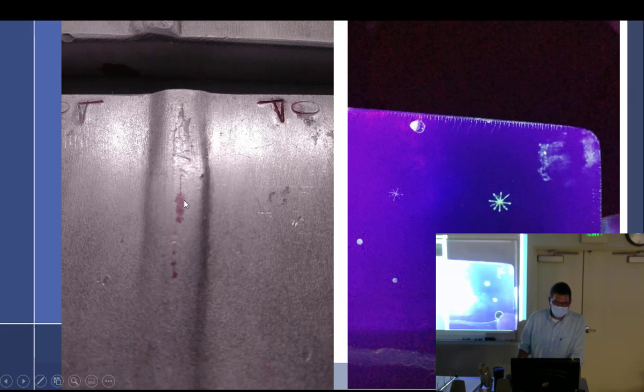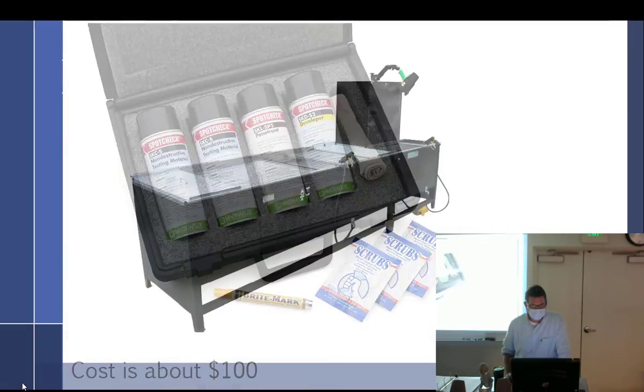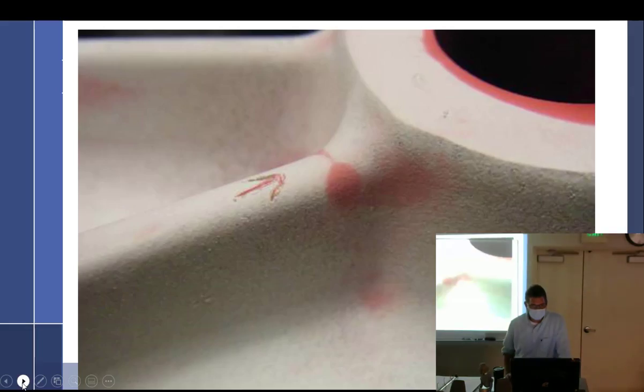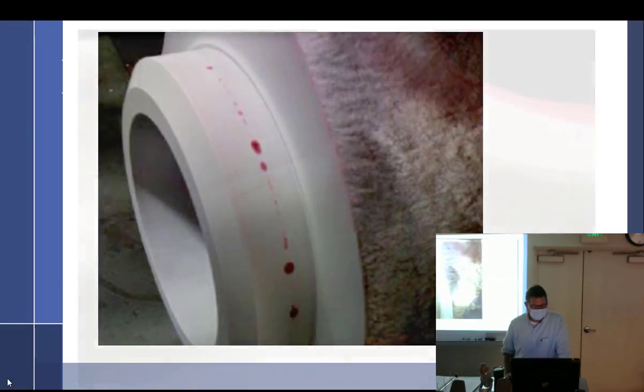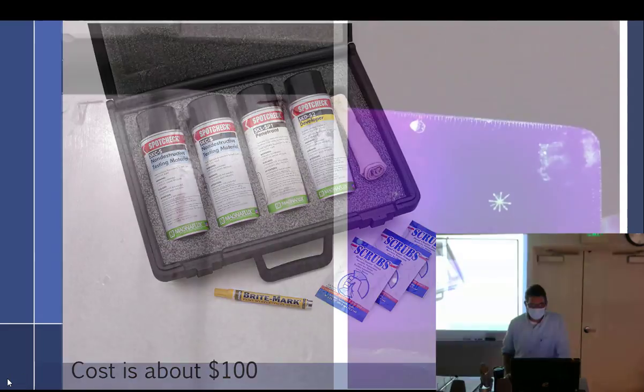This is just a tight crack in a weld using visible dye. This right here, the name of the card's going to come to me in a minute. But these are really expensive. These cards are like $1,000. Let me see if I can find. No, my bad. But they're really cool.